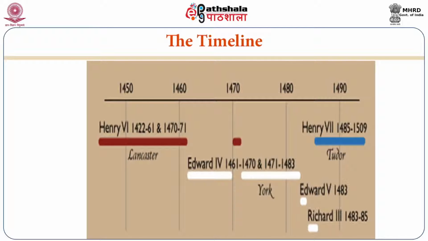Then Edward IV, 1461 to 1470, and 1471 to 1483, that's the York part, lasting to the 1480s. Under the 1490s, Henry VII, 1485 to 1509, Tudor. Edward V, 1483; Richard III, 1483 to 1485.